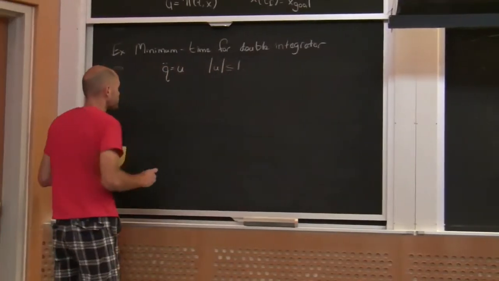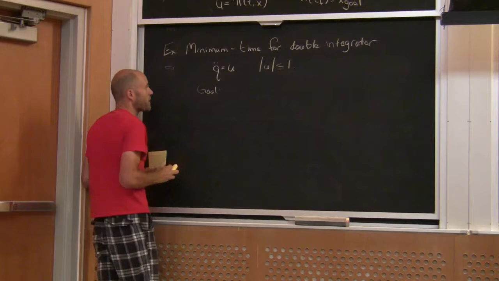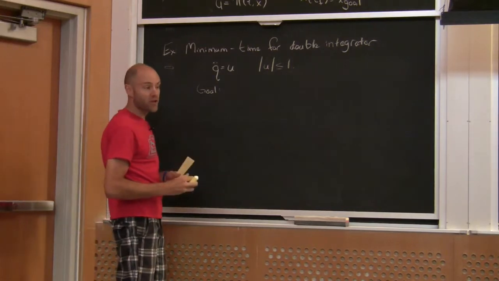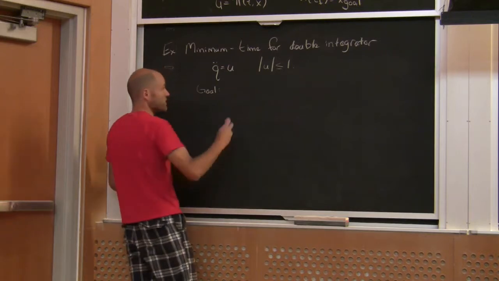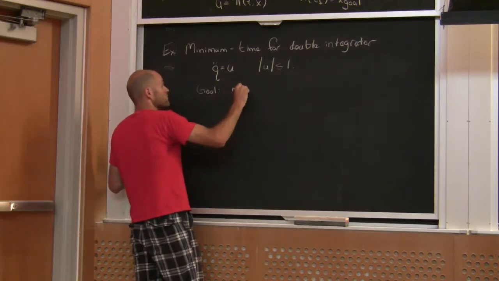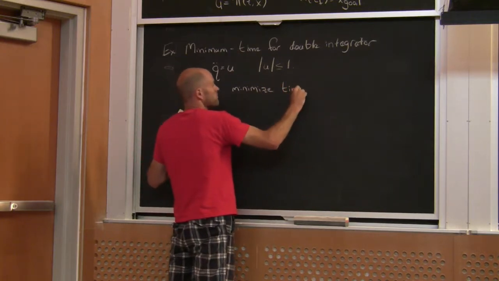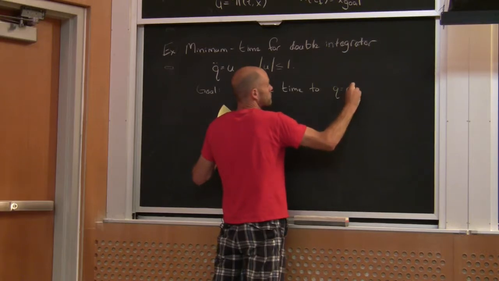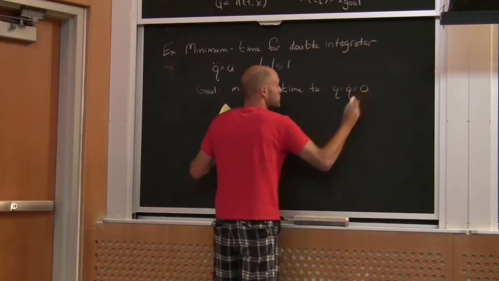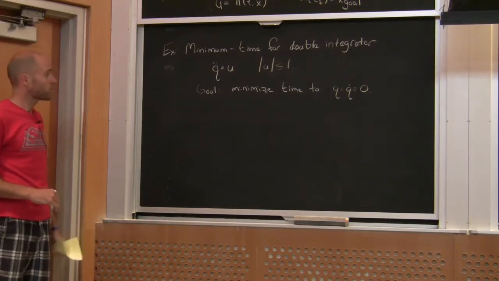And the goal, the objective, is somehow to minimize the time until I get from whatever initial condition I start to the origin, to the goal. You'd like to get there as fast as possible.